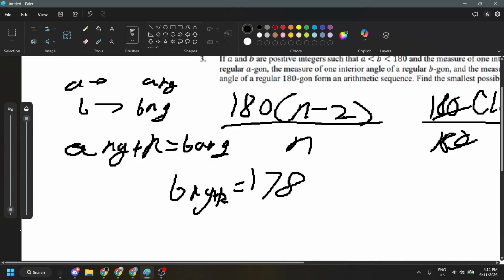Okay, so as small as possible. There are no other constraints.